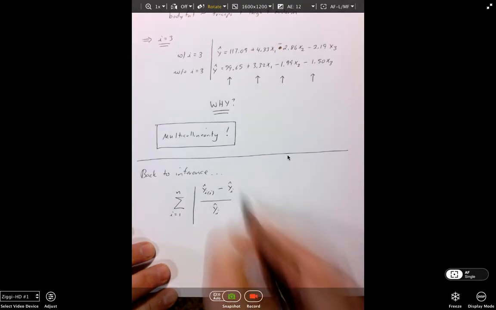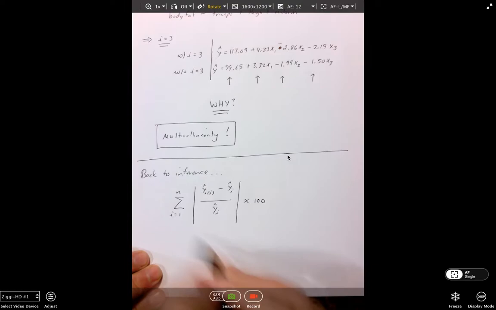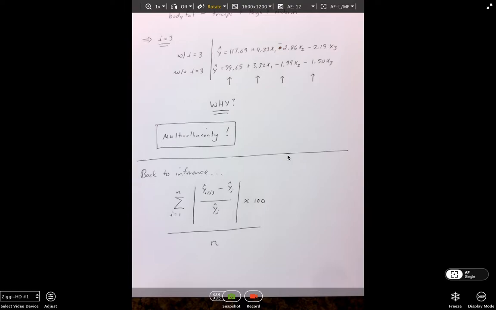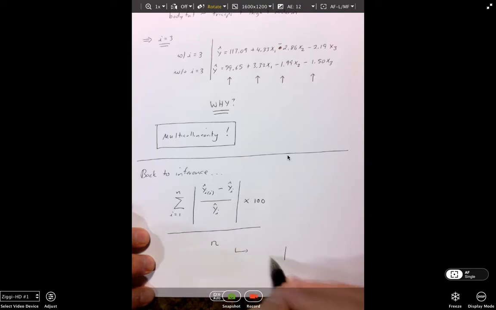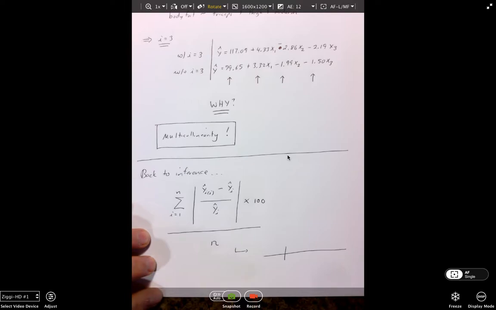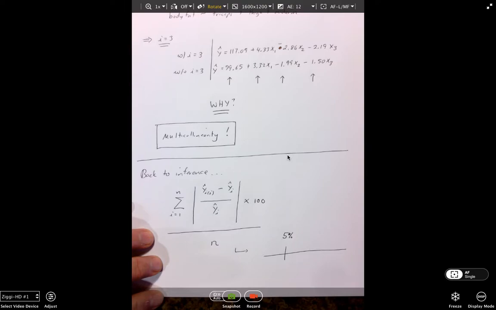So you're actually looking at kind of a ratio here. Multiply that by 100 and divide by n, getting kind of the average difference, if you will, across these ratios. It presents to us a threshold by which we can expect inference problems. And as you would kind of expect, the threshold is 5%, but it actually works differently.